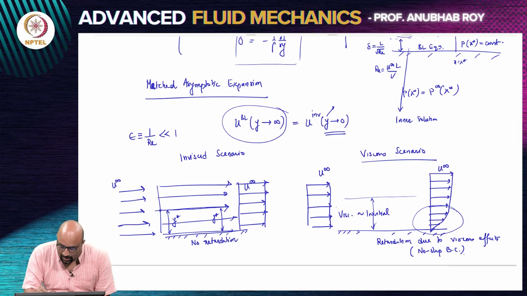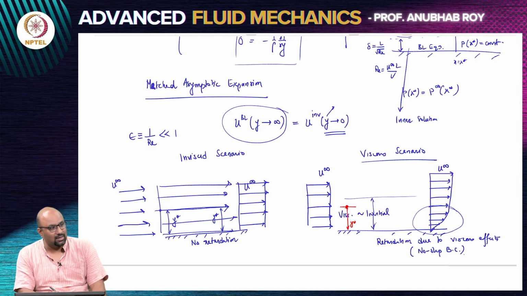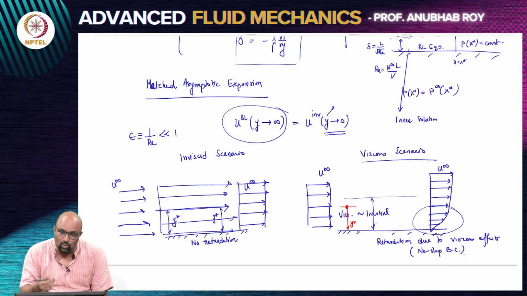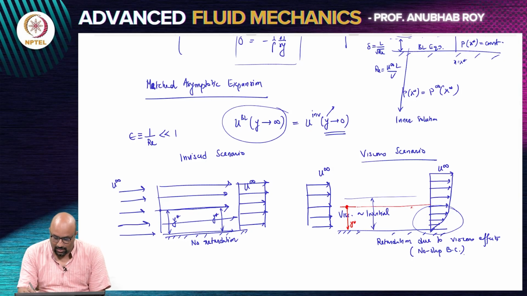Now, what would happen to a similar fluid parcel? Let me just sketch here. I have a similar fluid parcel which I have marked here at y star just when it has entered the plate. Should it remain on exactly the same height? To see whether it remains exactly at the same height or not, we can first argue that let's assume that it remains at the same height. If it remains on the same height, that means it moves along a straight line. This is also y star.